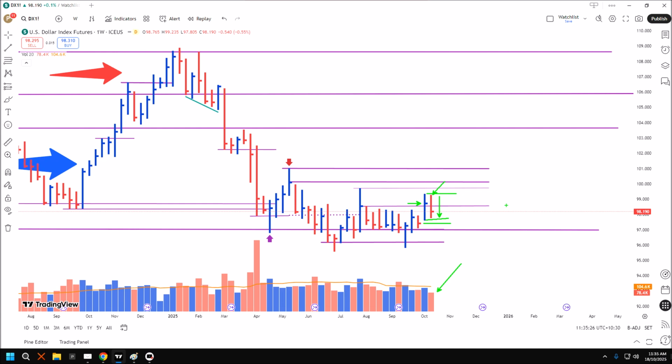I do expect that trading above this level is going to be more difficult than it was trading at this level. And it would take a clear break and close below this level for the market to look really weak. So it's probably going to trade sideways because under these circumstances, that's generally what happens.